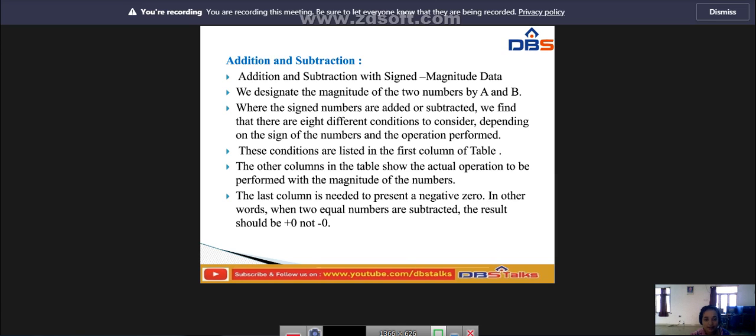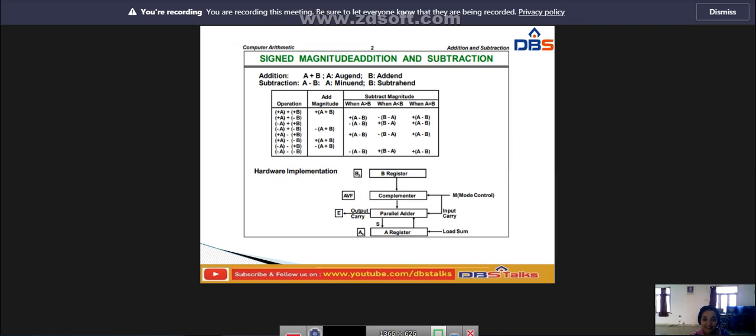The conditions are listed in the first column of the table, and the other column shows the actual operations to be performed with the magnitudes of the numbers. The last column is needed to prevent a negative 0. In other words, when 2 equal numbers are subtracted, the result should be positive 0, not negative 0. If you see the table, you can understand. This is the sign magnitude addition and subtraction table.